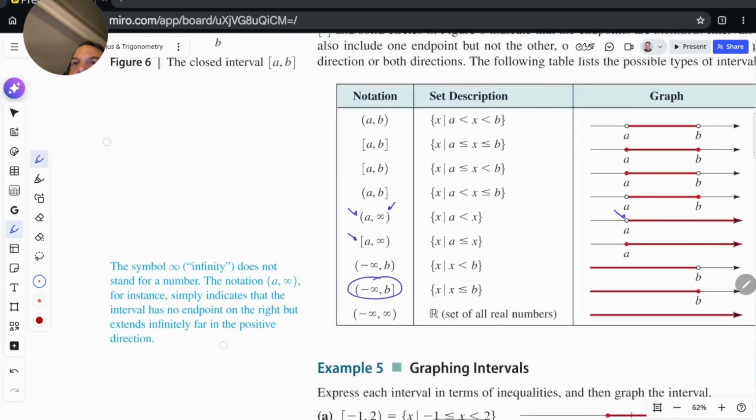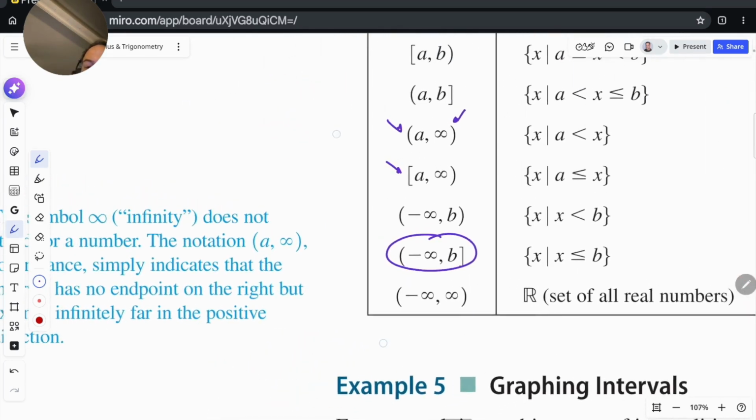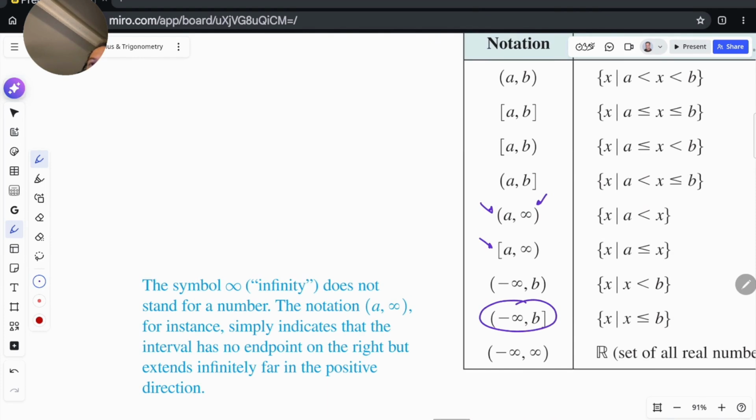All right, before we go to our example, let me ask, how would you write all real numbers greater than or equal to 5 in interval notation? We'll keep our visual here to the right.